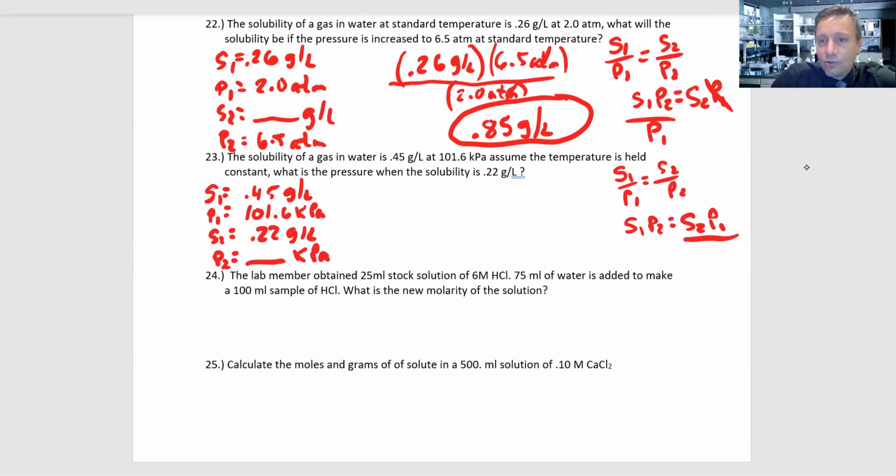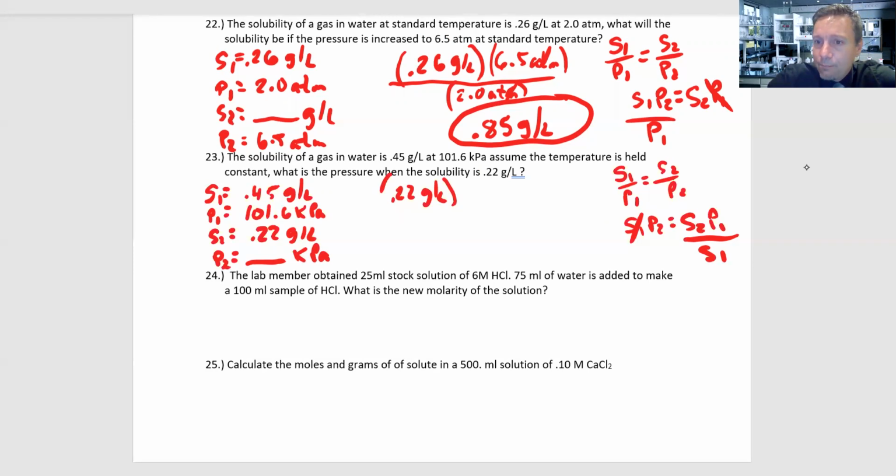So I'm going to divide by the solubility 1, and that will give me my pressure 2. So solubility 2 is 0.22 grams per liter.